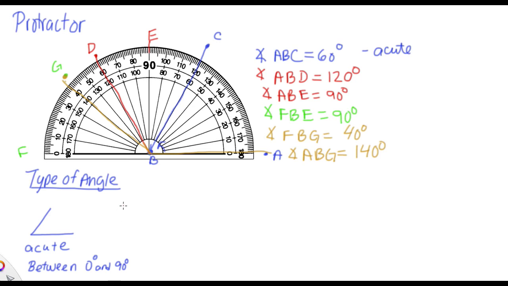We can have a right angle. This is a right angle, and this is exactly 90 degrees. So here, these two are both right angles.